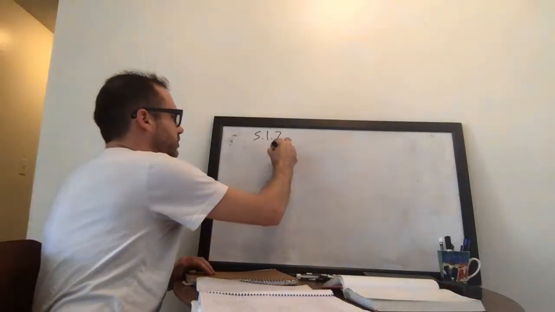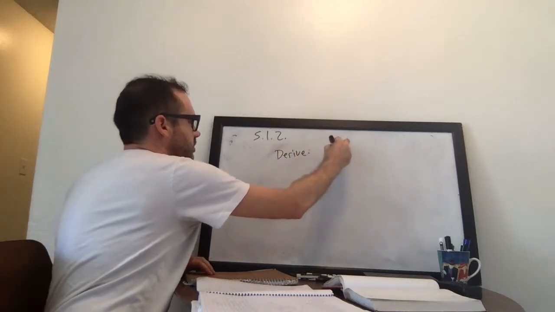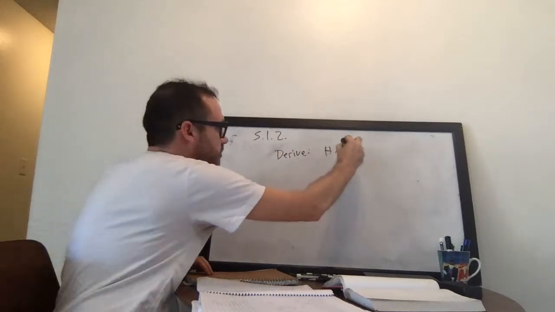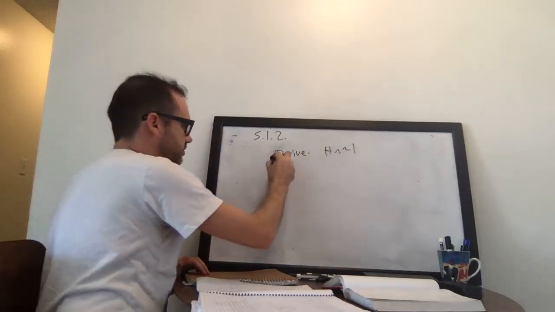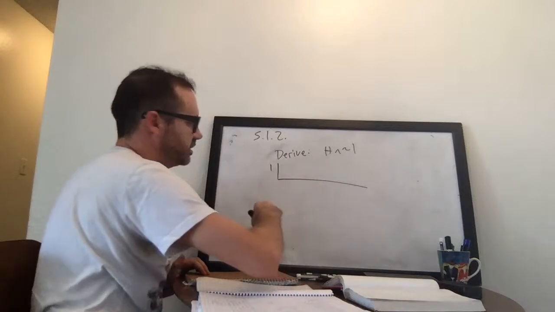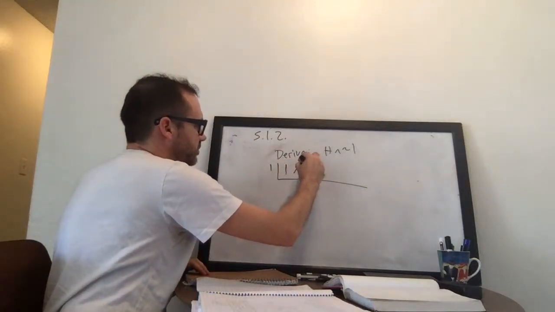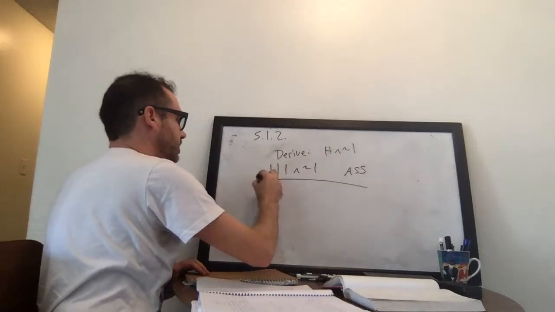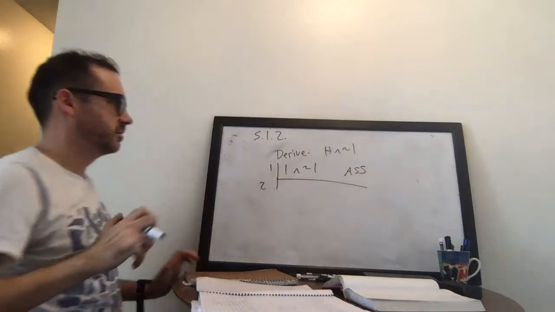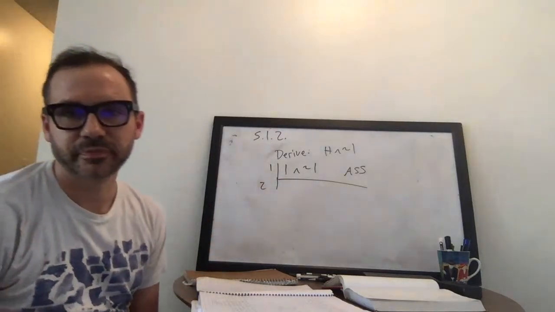Okay, so what it says is derive H and not I. This one's a little bit tricky, but it's actually deceptively simple. It's really not that tough, this one.